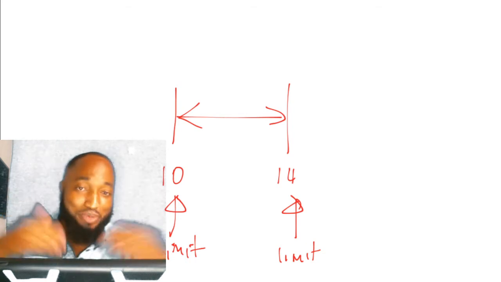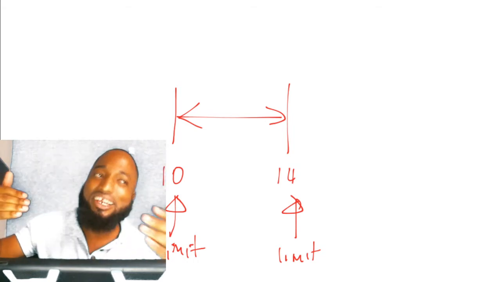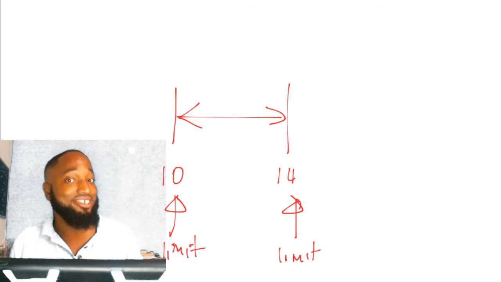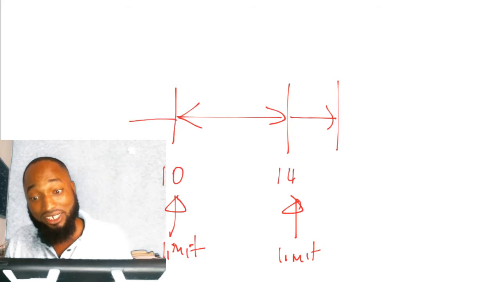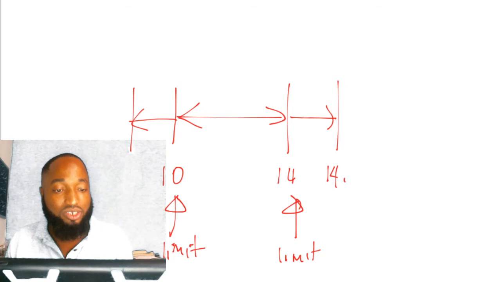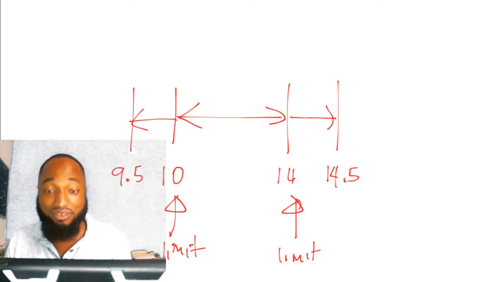But between me and you, when you reach the limit, you still have a little more you could go with your parents before you cross the boundary. The boundary is the real killer. Can I get some amen in the chat? So the boundaries are the little extra zones. That is 14.5 there, and this is 9.5 there.